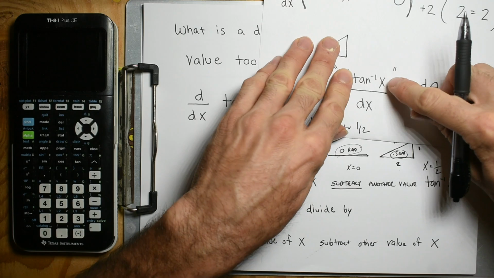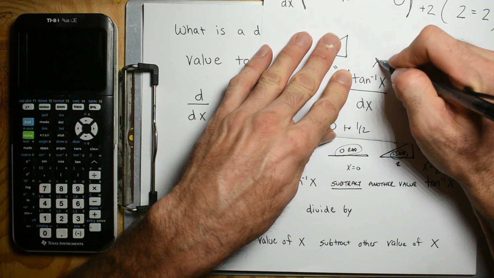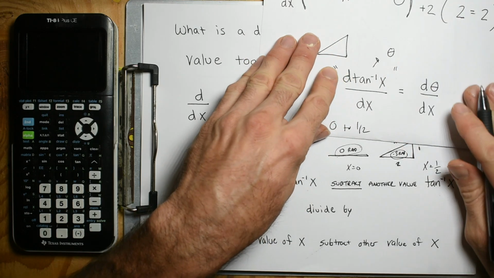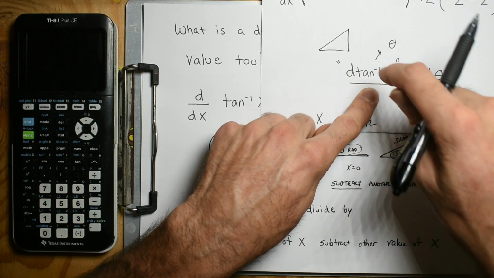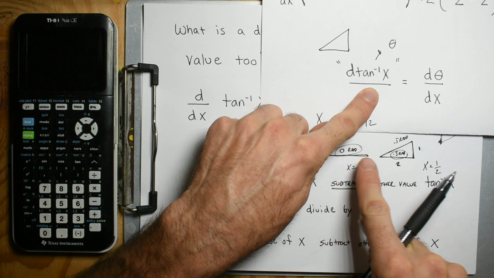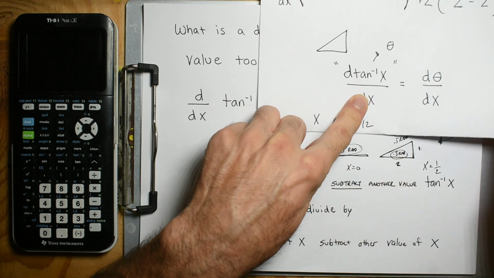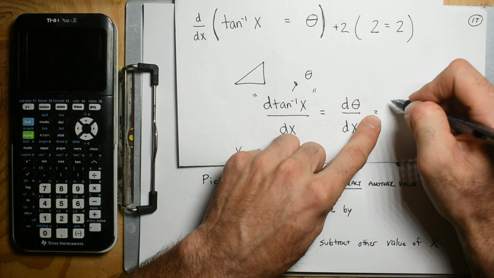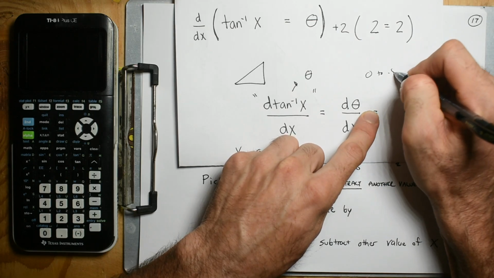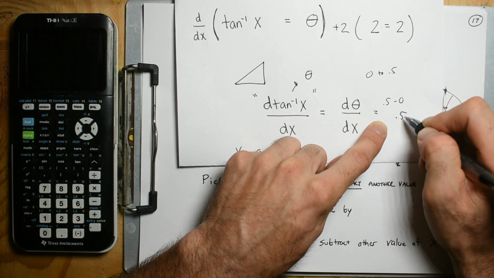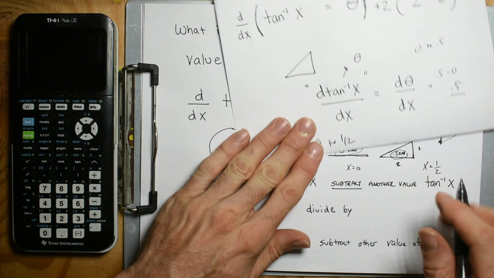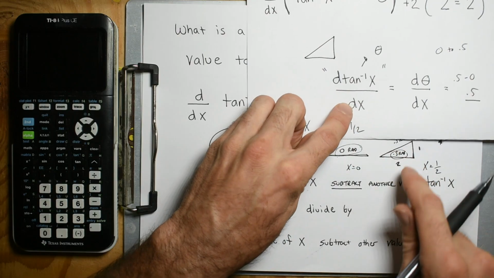Inverse tangent of x. This part says I'm outputting an angle. And then this part says, hey, I want to know the change in that angle. The angle changed from 0 to 0.5 radians. So that part of the equation was 0 to 0.5. You can write it like this, 0.5 minus 0, or it's just 0.5. We know that part. And then what did our ratio change?